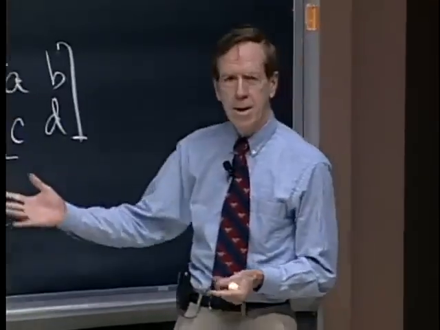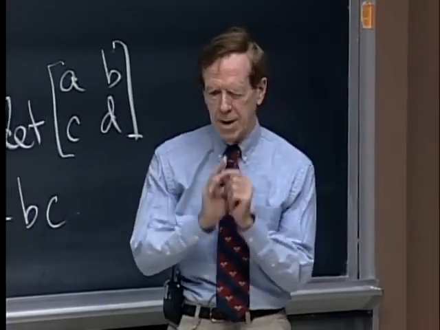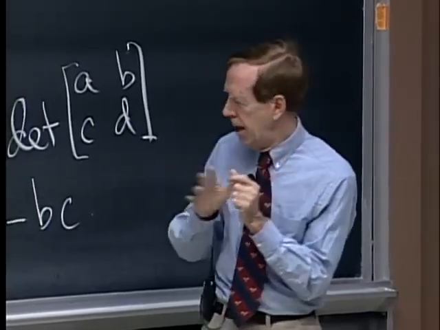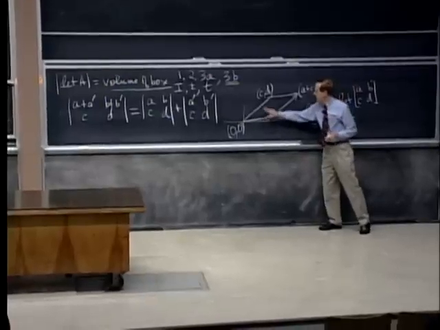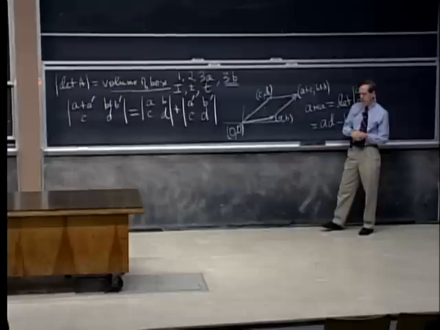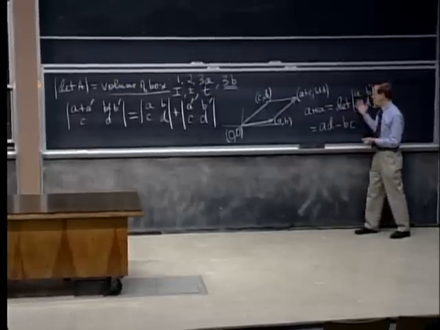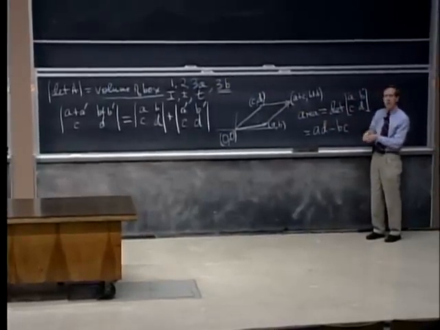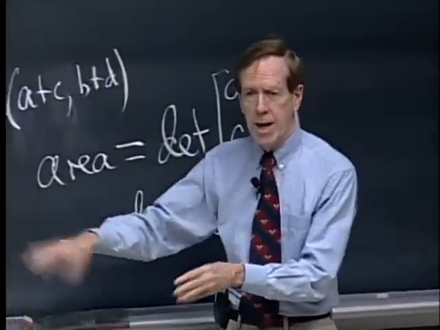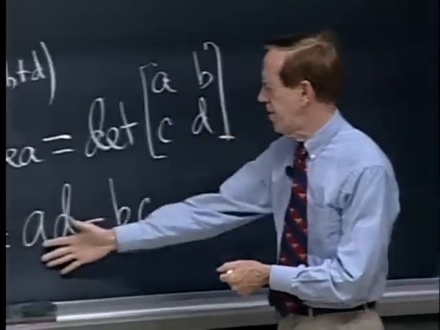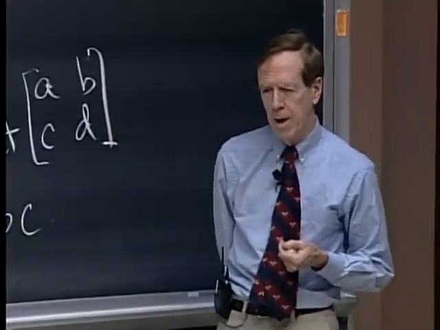Okay, that's the most important point I'm making here: if you know the coordinates of the corners of a box, then you have a great formula for the volume, area or volume, that doesn't involve any lengths or any angles or any heights, but just involves the coordinates that you've got.